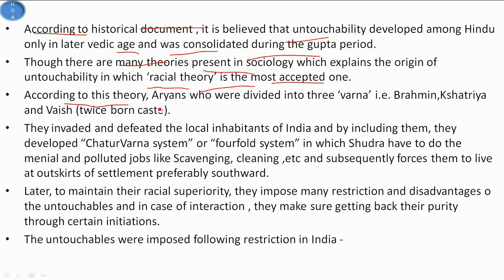This theory says that the Aryans, who were divided into three varnas, that means Brahmin, Kshatriya and Vaishya, invaded India and defeated the local inhabitants, and by including them they developed the Chaturvarna system, or the four-varna system, in which Shudras have to do menial and polluted jobs like scavenging, cleaning, etc. Subsequently they forced them to live at the outskirts of the settlement, preferably southward, because according to Hindu ideology the south is considered a polluted direction, and later, to maintain their racial superiority, they imposed many restrictions and disadvantages on the untouchables.